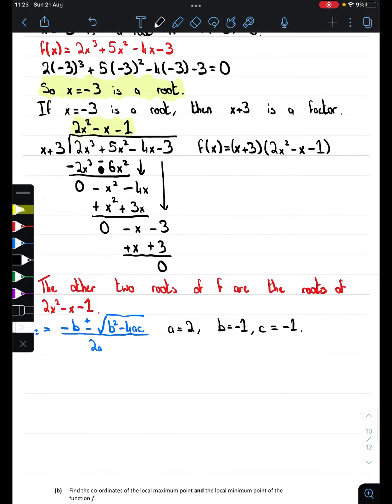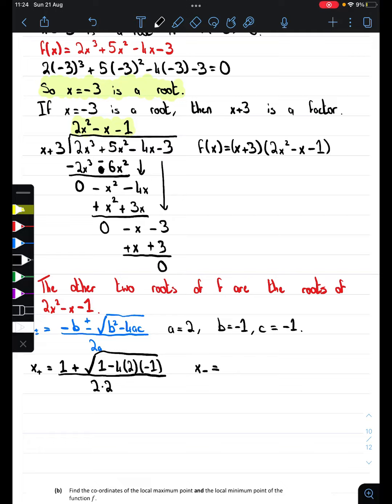Then our roots are x plus and x minus, which are minus minus 1, 1 plus the square root of minus 1 squared, 1 minus 4 times a, 2, by c, minus 1, all over 2 by a, which is 4.